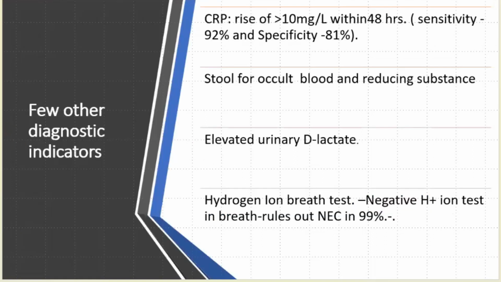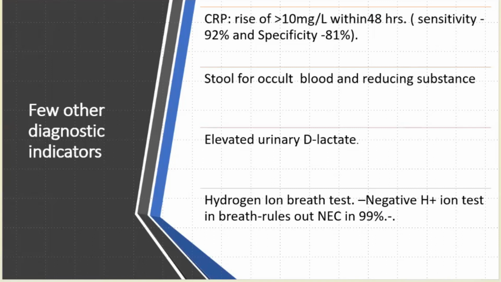Next slide, please. A few other diagnostic indicators, as we know, are CRP and stool for occult blood and reducing substance. This is because of mucosal injury. When the carbohydrates are not absorbed, they go to the colon and get fermented there.